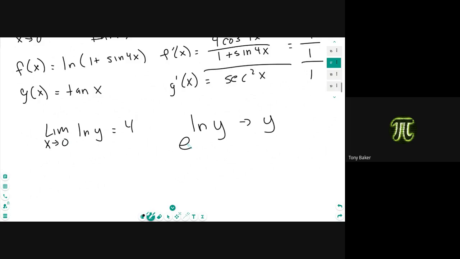I would do e. e to the ln of y is just y, right? So if I did e to both sides here, that's my answer. So I raise both sides to the e. So the answer is e to the 4th.